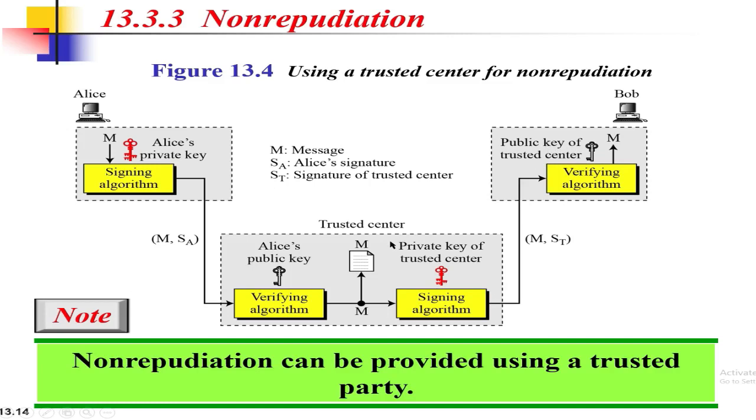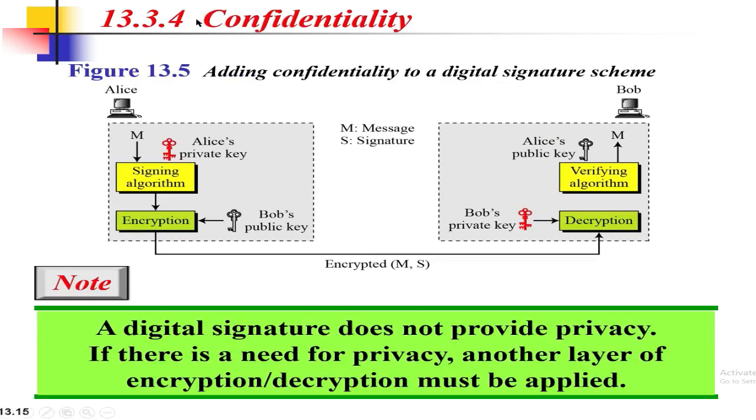And lastly, confidentiality. Confidentiality means the message will not be read by any illegitimate users. It is achieved by encrypting the message, so here the encryption is added. Alice is the sender and Bob is the receiver.